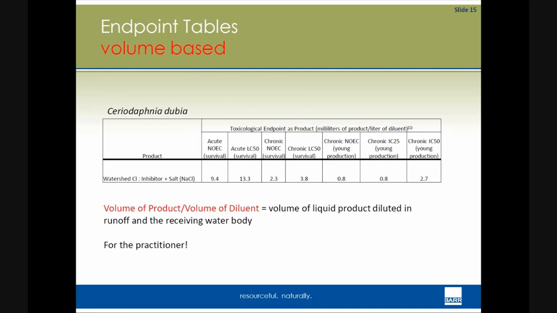But it seems like you'd want to look at how many milliliters of a given product would cause toxicity and figure out how much you're actually adding to your road surface to determine whether or not that would cause toxicity. So it seems like there needs to be a quick calculation. I don't know how effective B55 is relative to Watershed CI, so it seems like you need to make that determination to figure out if you want to use one product or the other.